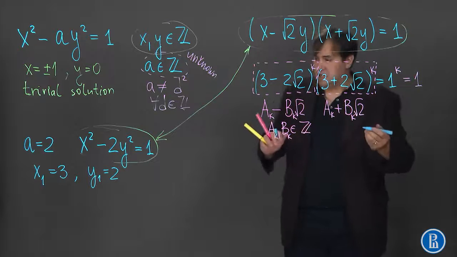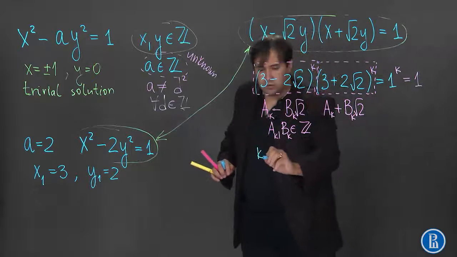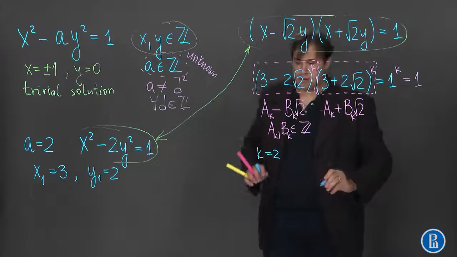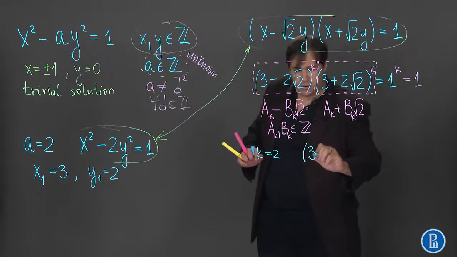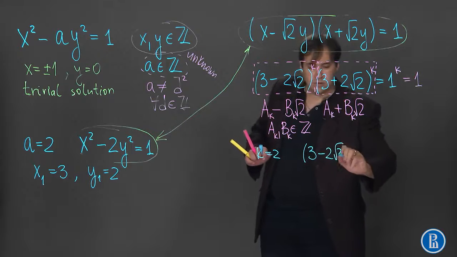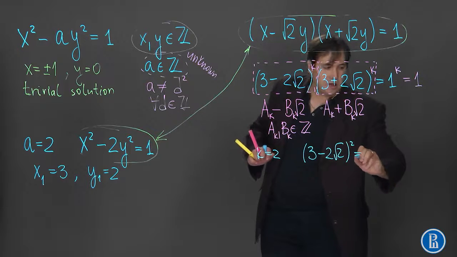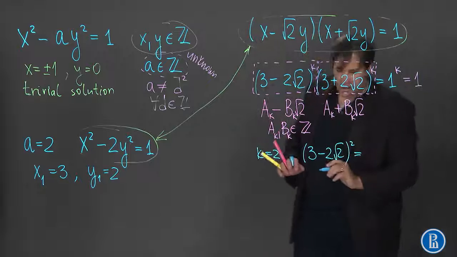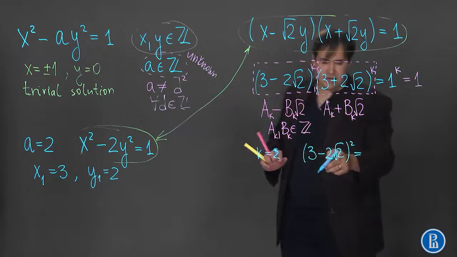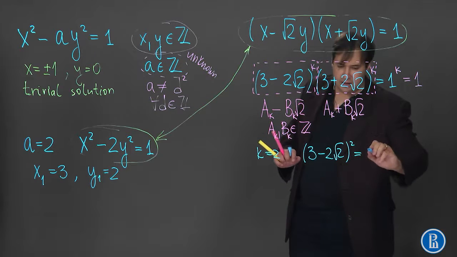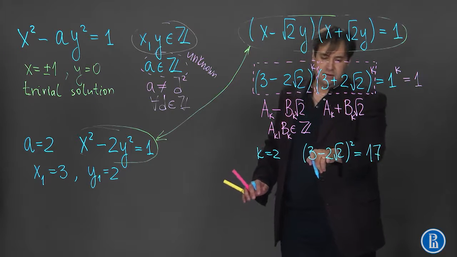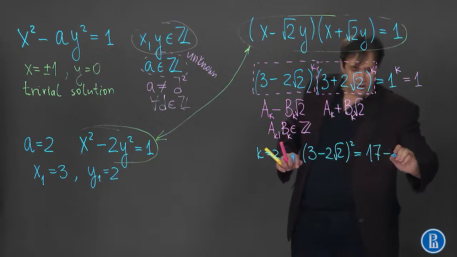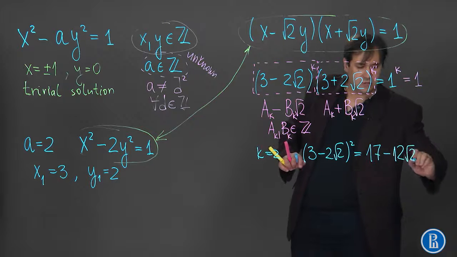Well, say if k is equal to 2, then 3 minus 2 square roots of 2 to the power of 2 is equal, let me now just calculate, this is 9 and this is 8, so it is 17, and this is 3 times 2 is 6, so minus 12 square roots of 2.